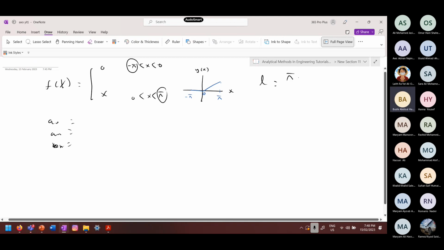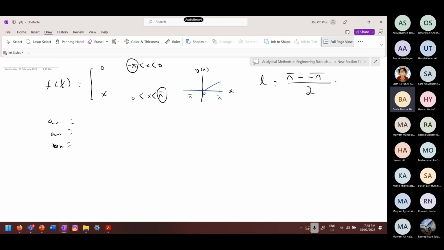You get pi minus this term, which is minus pi over 2, which is 2 pi over 2, which is pi. Okay, now you need to use this term, 1 over L, negative L to L, f of x dx.